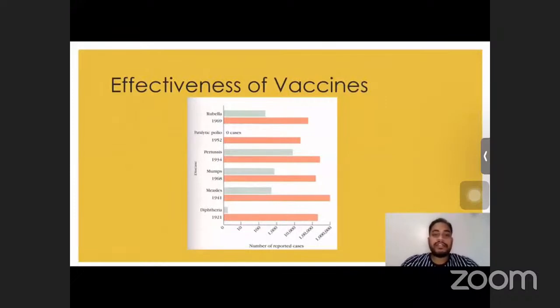In 1969, rubella was very high at that time, but when we started to give vaccines to people, it decreased simultaneously. Likewise, we can also see that paralytic polio in 1952 was very high, but when we started vaccination the cases became zero. The same with pertussis in 1934, it was very high, but after the vaccination the cases are very low. The same goes for mumps, measles and diphtheria: after vaccination the cases become very low, but when the vaccines are not available the cases are very high.